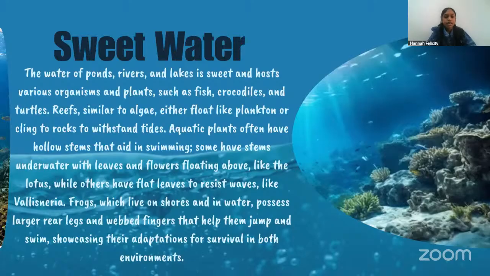Some have stems underwater with leaves and flowers floating above, like the lotus plant, while others have flat and ribbon-like leaves to resist waves, like the Vallisneria. Frogs, which live on shores and in water, possess larger rear legs and webbed feet that help them jump and swim, showcasing their adaptations for survival in both environments.